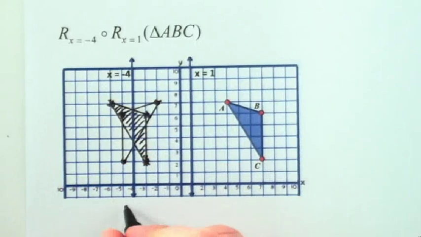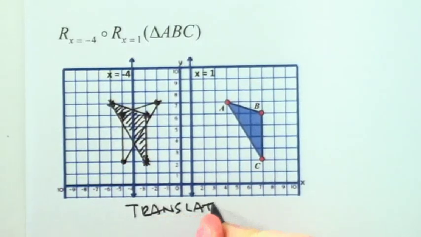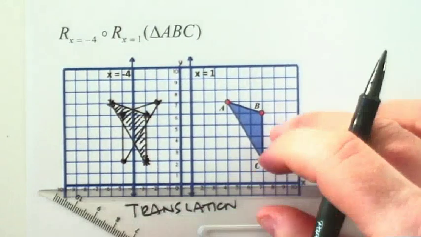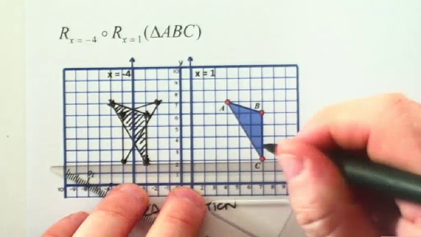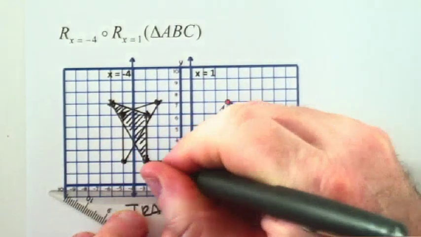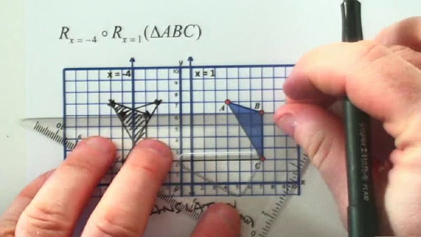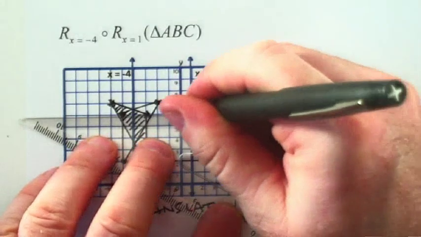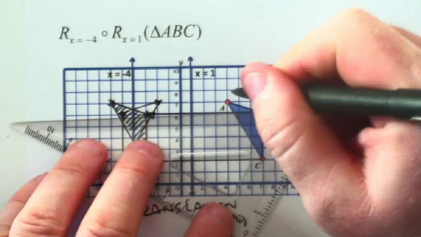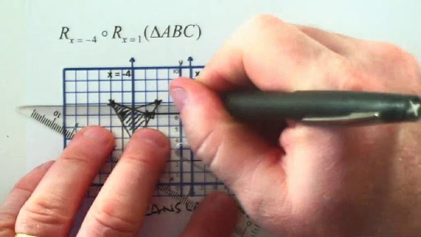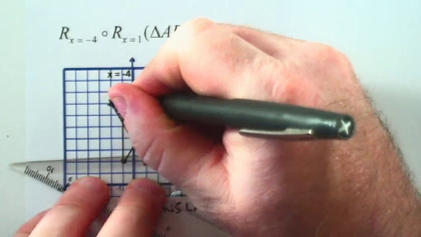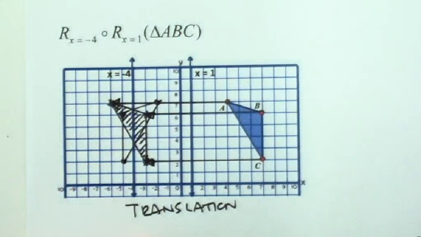We see that this is a translation. Do you see that? How each point, C to C double prime, has moved this far, and so has B, moved the exact same amount, so has A. This is our definition of characteristics of our translation.